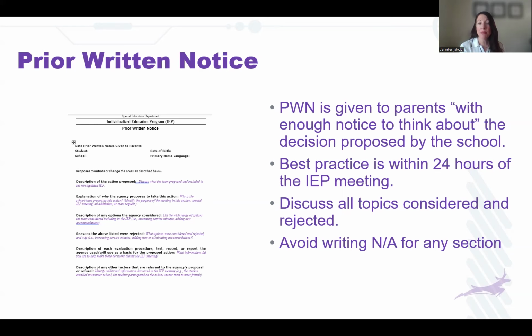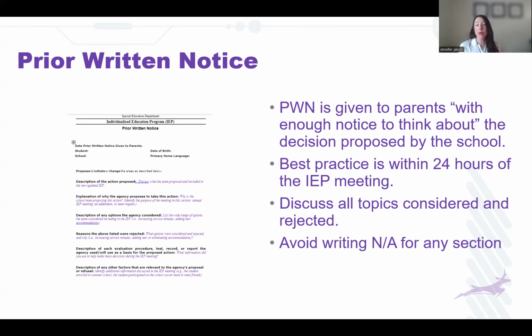On this prior written notice, you will want to cover all of the bolded topics. What was the proposed action of the school? What was the explanation as to why the school is proposing this action? What did the agency or the school consider? What did the school consider but reject?